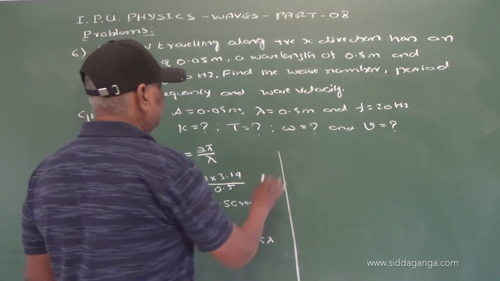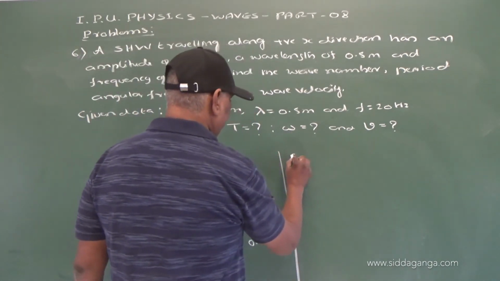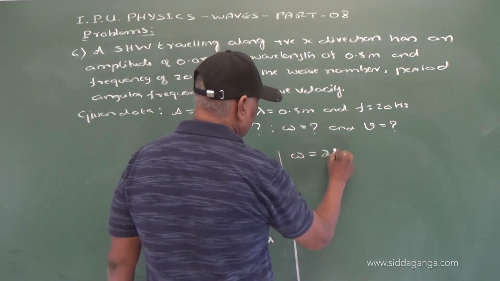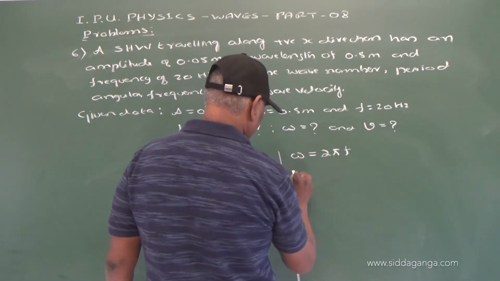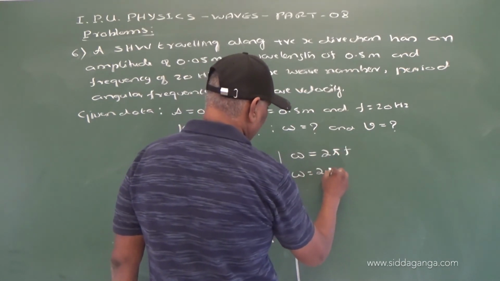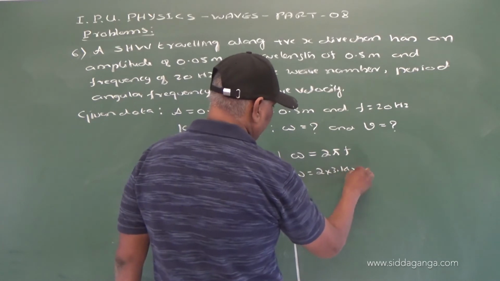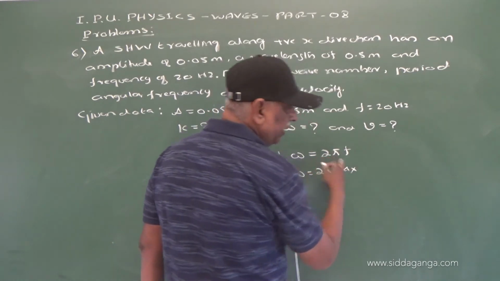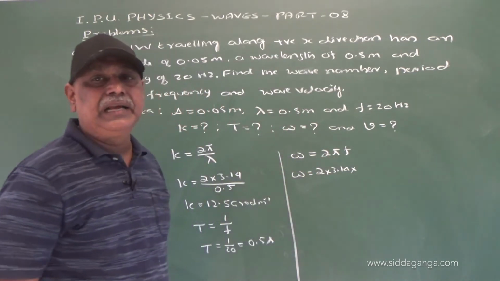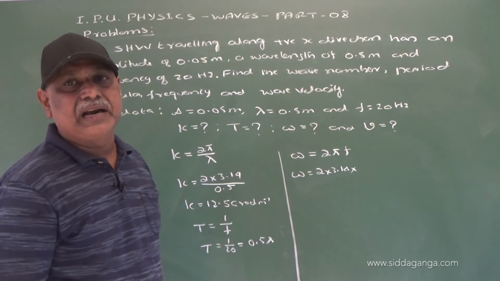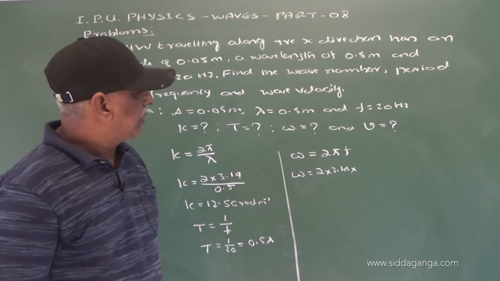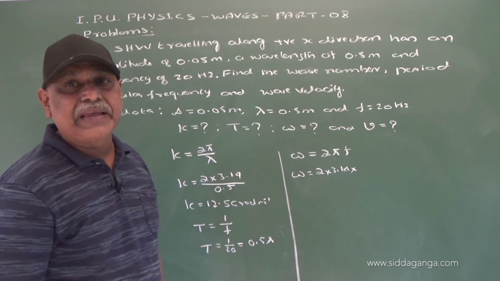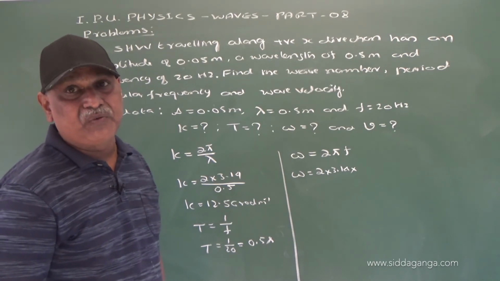Now we need to find omega. Omega is equal to 2 pi f. Omega is equal to 2 into 3.14 into 20. When we are calculating a physical quantity other than angle, you have to substitute the value of pi is equal to 3.14.